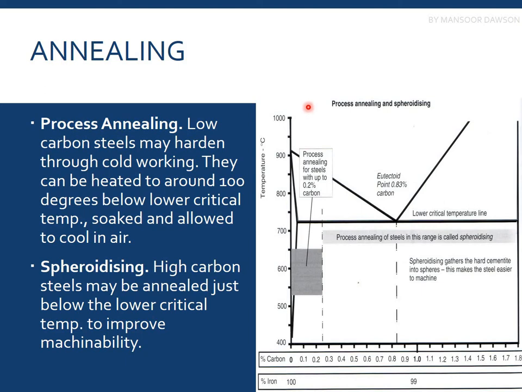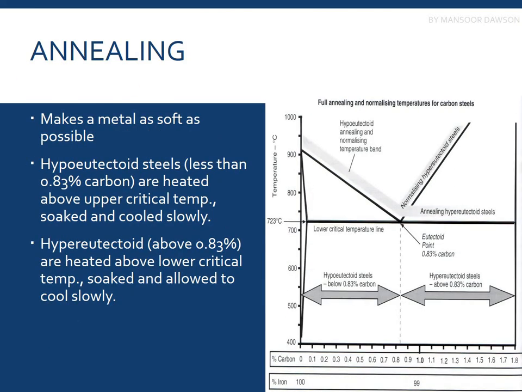Then we have stress relieving annealing as well, if our material is very highly stressed and is low carbon steel. As discussed earlier in the previous slide, we heat the steel. If it's low carbon steel, which is hypoeutectoid steel, we heat the material above the critical line, and then we cool it down very slowly.